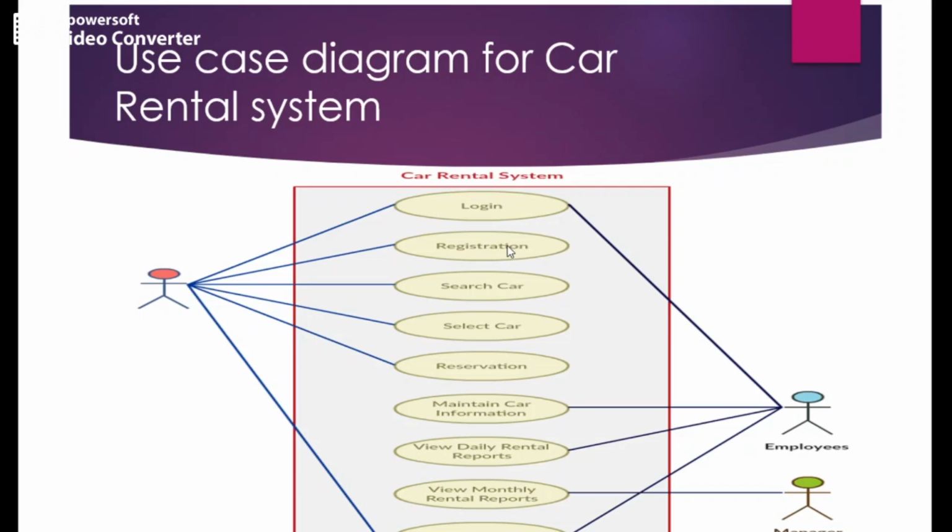You can do the registration first and then log in. He can search for the car, which car is available for rent. Then he can select that car. After that he has to reserve it, and then he has to do the payment. So first he has to reserve that car and then do the payment.